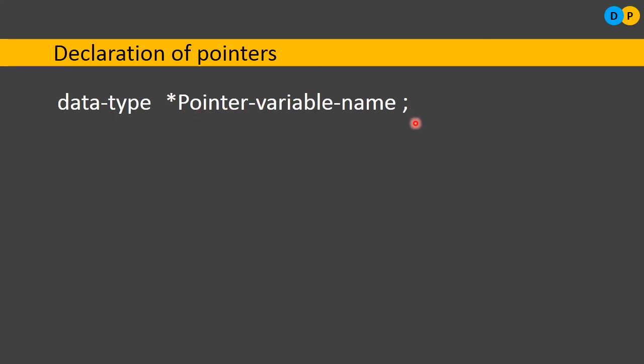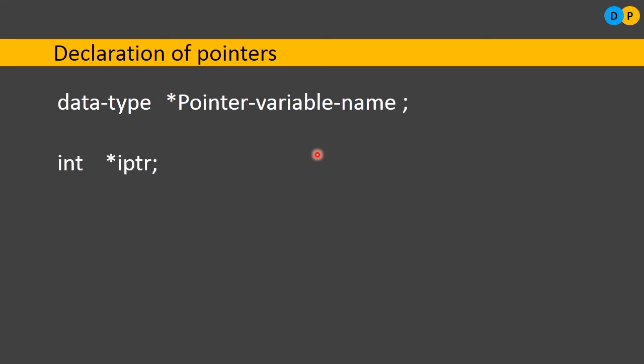In case there is more than one pointer variable, the same format applies: data type, followed by asterisk pointer variable 1, comma, asterisk pointer variable 2, comma, asterisk pointer variable 3, and so on, up to the last asterisk pointer variable and a semicolon. Within one statement we can declare any number of pointer variables, but here I have considered only one pointer variable declaration. Now let us consider some examples.